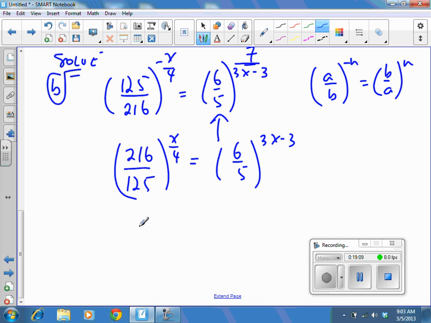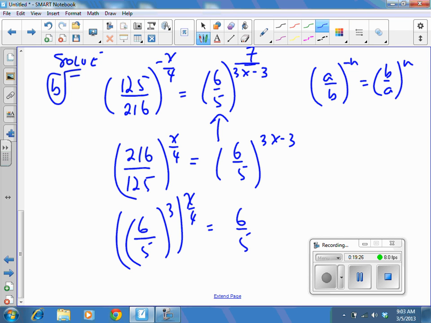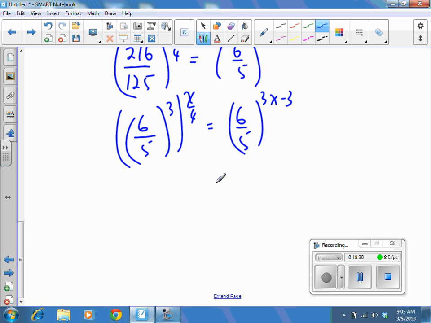So 216 is 6 cubed, 125 is 5 cubed. So all of that cubed, 6/5 cubed is this. And then it's all to the power of x over 4.